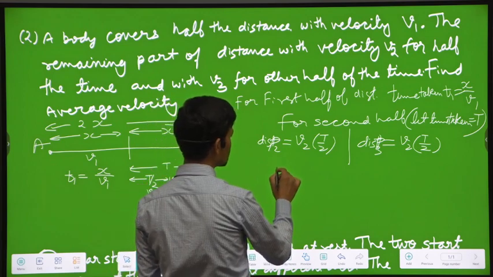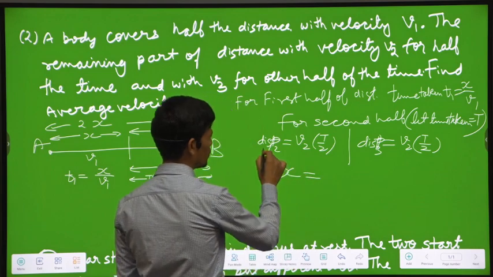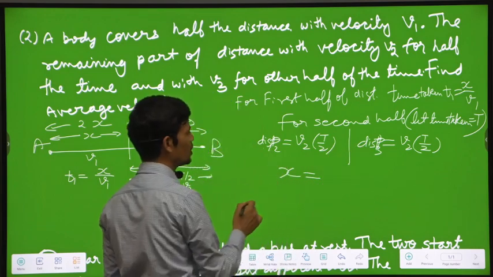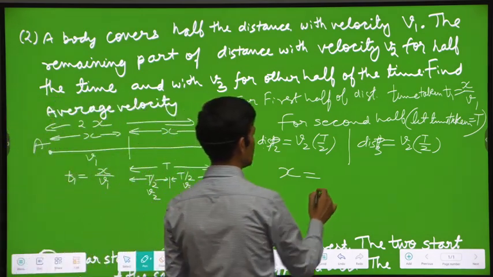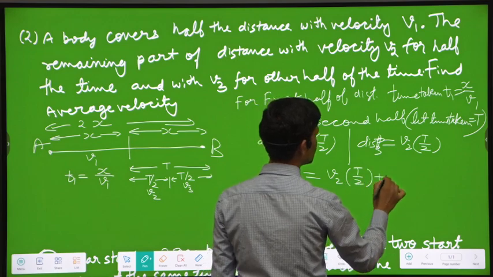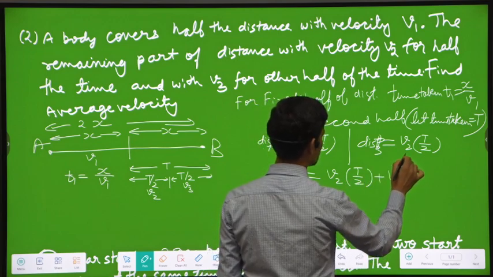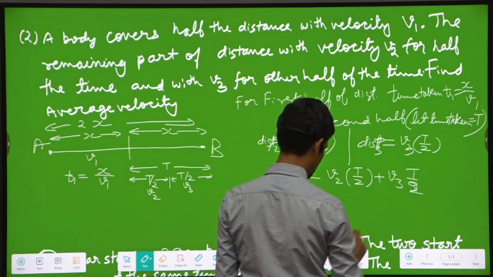So the total distance will be x. If we add both of them, that will be x, this part. So that will be equal to v2 T by 2 plus, oh sorry, v3 T by 2.